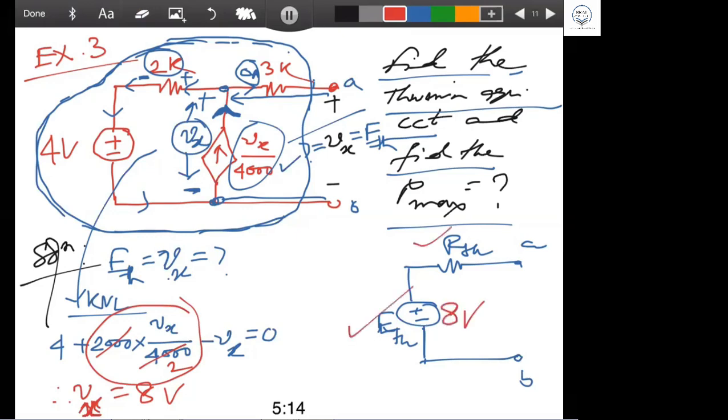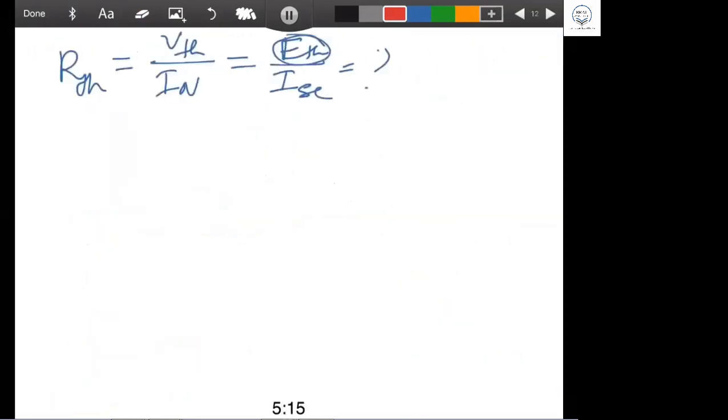In order to find R Thevenin, as I told you, the formula is E Thevenin divided by I short circuit, and you already know 8. Now you have to go for the short circuit. Last class I told you, you have to draw the circuit diagram.